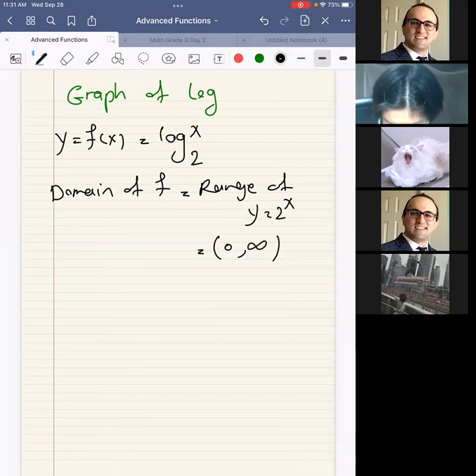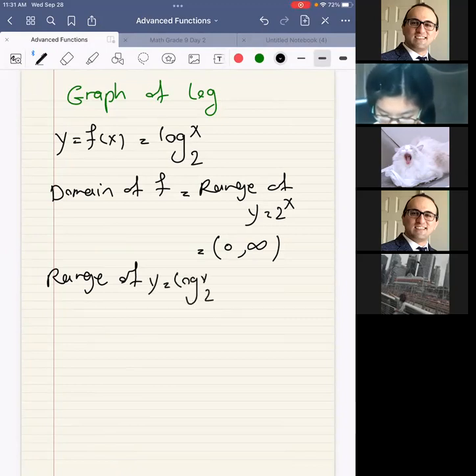And the range of log is basically, let me write this. The range of y equal to log x is equal to the domain of y equal to 2 to the power x.